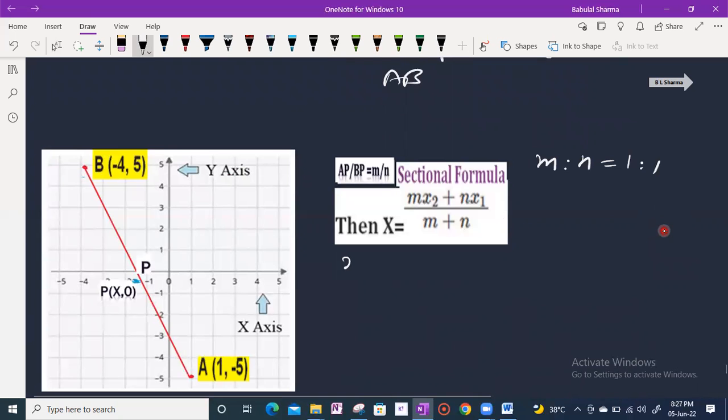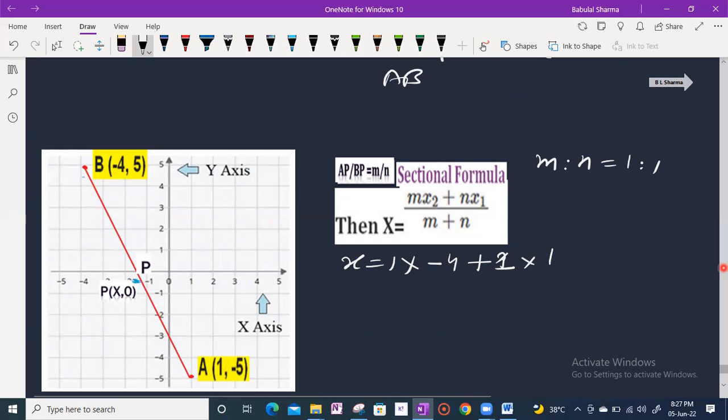x कोऑर्डिनेट के लिए, m that is 1 into x2. What is x2? -4, plus n, that is 1 into what is x1? x1 is 1, and m is 1, n is 1.